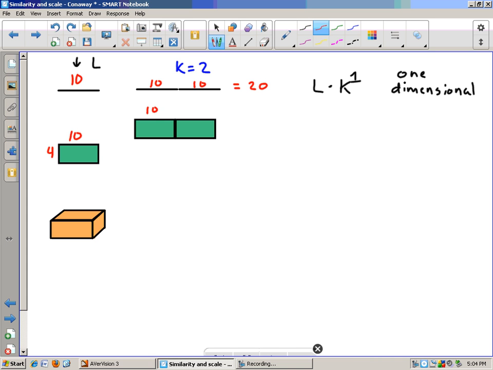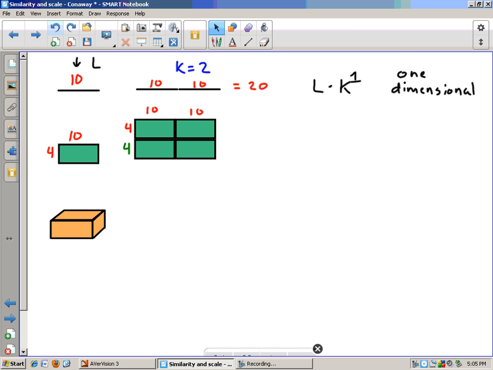Here's my first 10 and here's my second 10. But that doesn't make sense if I don't double it in the 4 direction as well, so that I can actually get a scaled up version of this. They need to be similar.